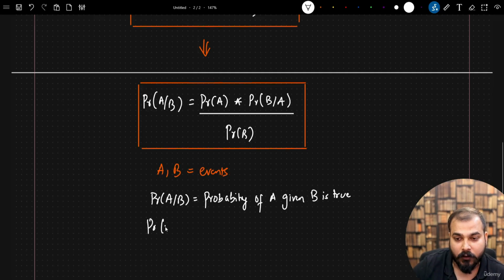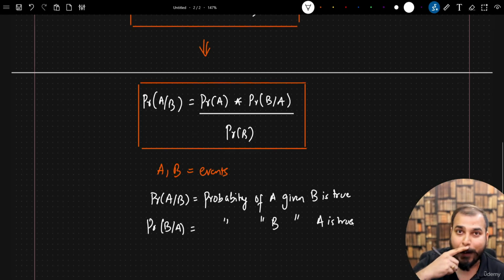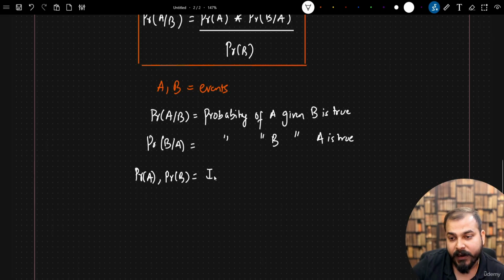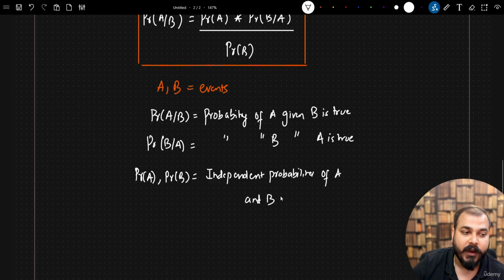Similarly, probability of B given A is nothing but probability of B given A is true, right? And similarly, probability of A and probability of B are the independent probabilities of A and B, right?